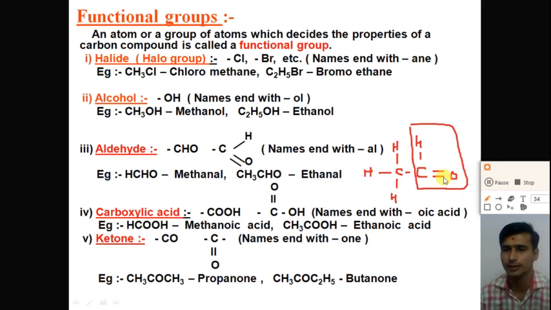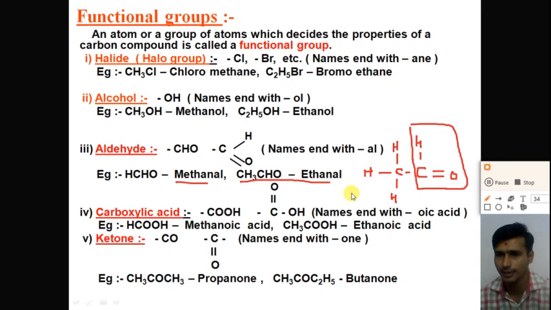Similarly, if you take 3 carbons, it is propanal. If you take 4 carbons, it is butanal. If you take 5 carbons, it is pentanal, and if you take 6 carbons, it is hexanal. So dear student, understand this group is called the aldehyde group, and the aldehyde group name ends with "al". If a single carbon atom is there, it is methanal. If two carbon atoms are there, it is ethanal.